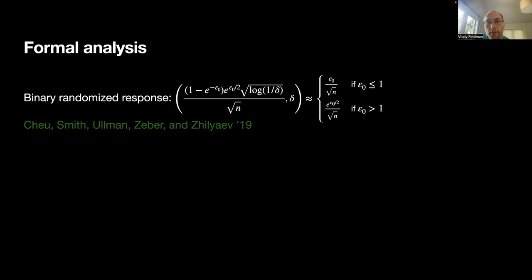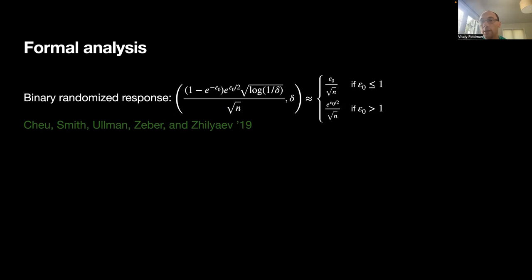And it might look a little complicated, but ignoring the less important terms, we can look at the two regimes. The first is the regime in which epsilon 0 is less than 1. In this regime, we get roughly square root n amplification for privacy, which is very significant and effectively gives us back that square root n factor that we lost when going from the central model to the local model. It gives us essentially the same trade-off as if we were operating in the central model.